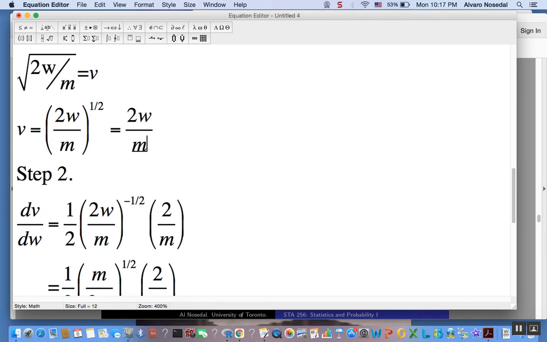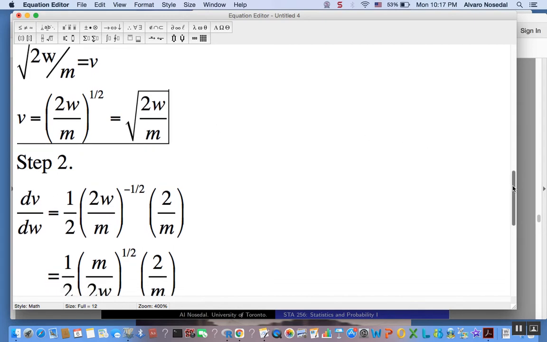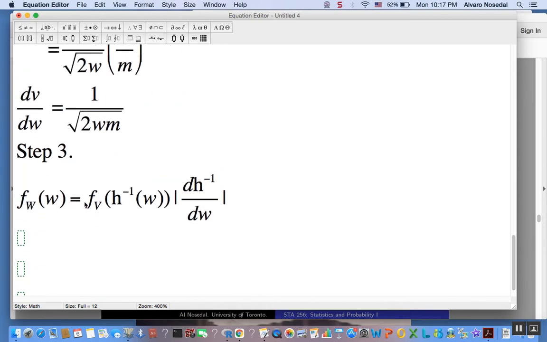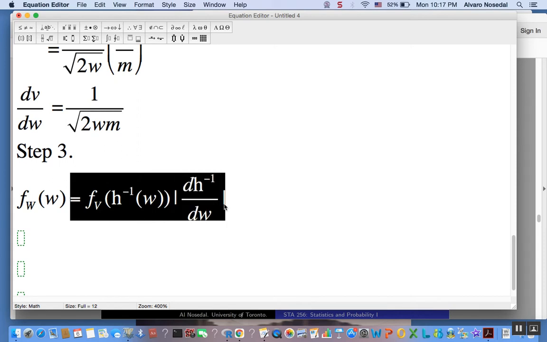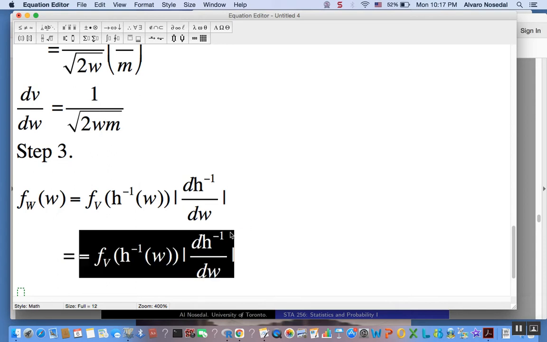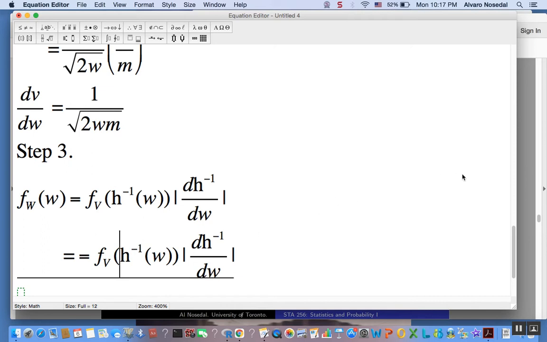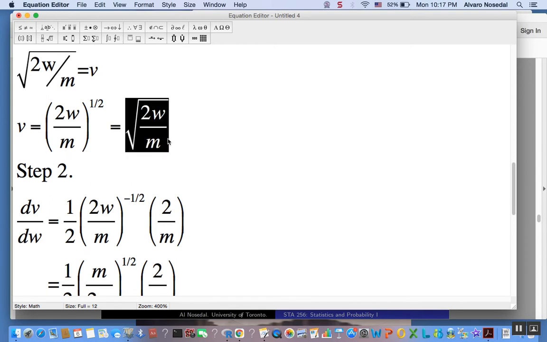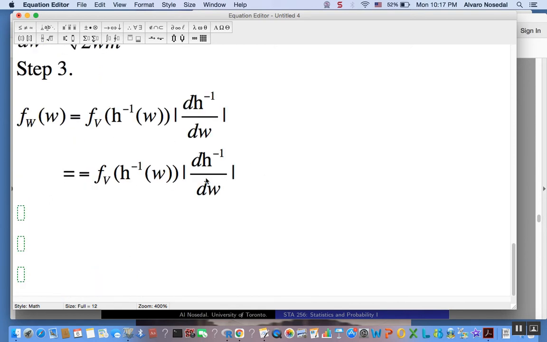Okay, so that's the inverse, right? So let's evaluate our function there. Okay, it's going to be the old PDF, the one for v, evaluated here, square root of 2w divided by m.